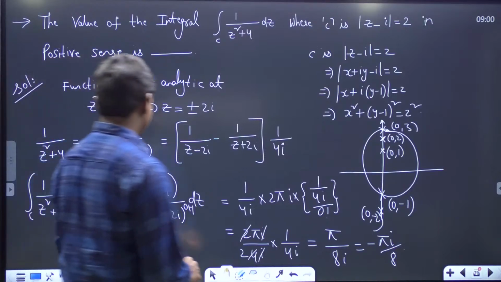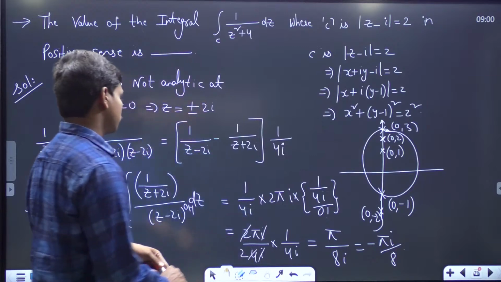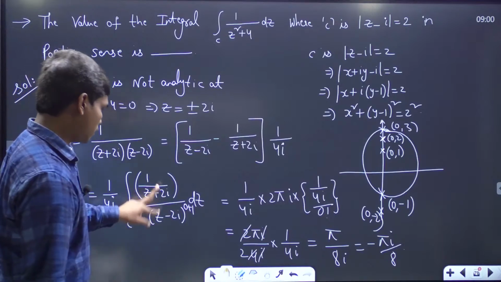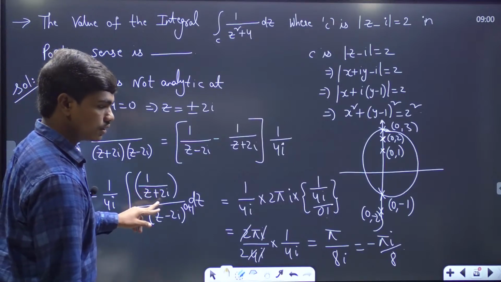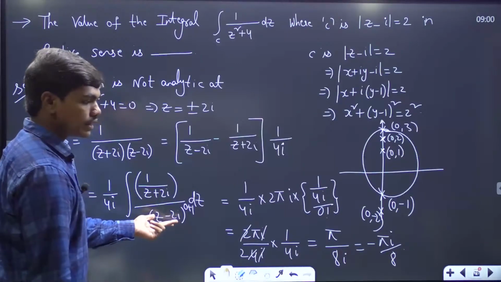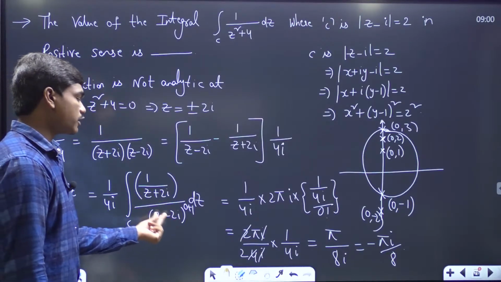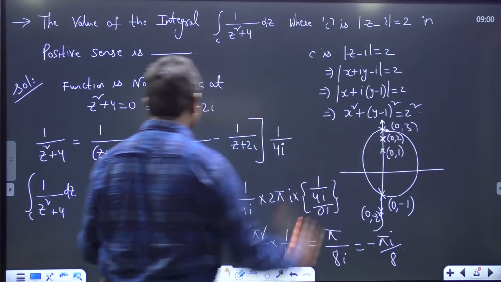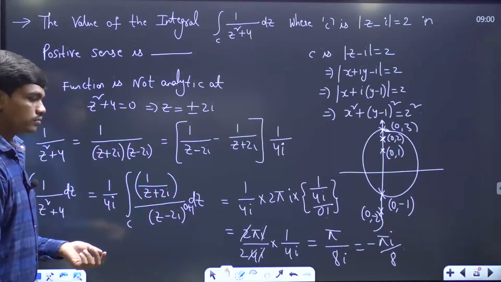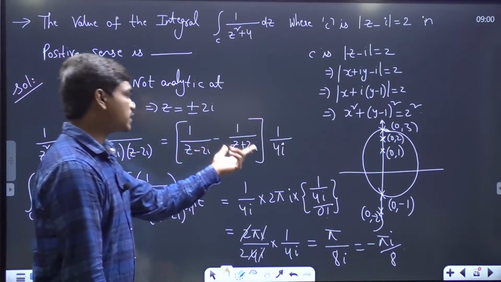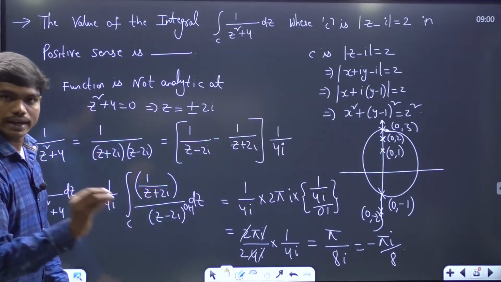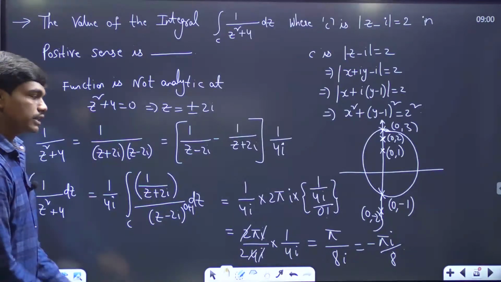No, see, because the z naught value is 2i, because if you put z naught equal to 2i, which is within this path, the function doesn't turn out to be analytic. We can take 0, that's why I didn't consider this particular part. See, for the point lying outside, we can straight away take the integral value to be 0. Okay.